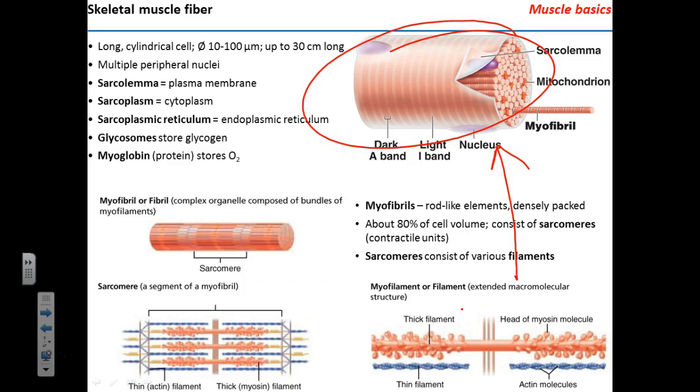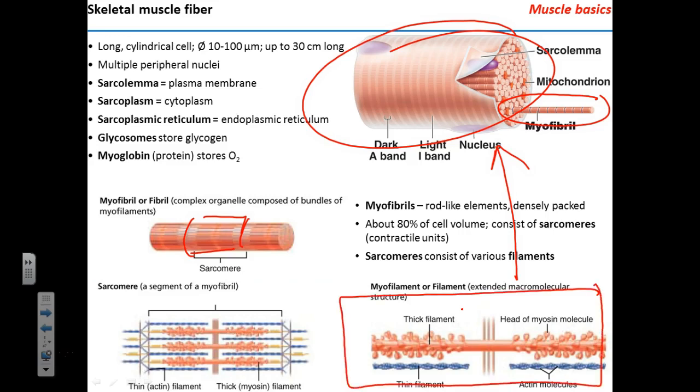Now, if you look deeper into the skeletal muscle fiber, you will find that it contains numerous myofibrils, rod-shaped structures that in turn consist of individual units called sarcomeres. And inside each sarcomere, if you look deeper, you will find a number of filaments.